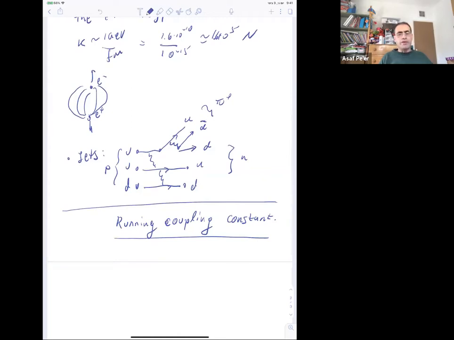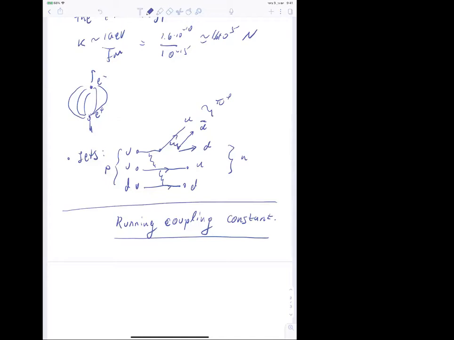So it's not a perturbative theory. We cannot really do perturbation calculations in QCD the same way as we do in quantum electrodynamics or with the weak interactions. However, fortunately, for the ability to do calculations, when we go to high energies, the coupling constant of QCD decreases.